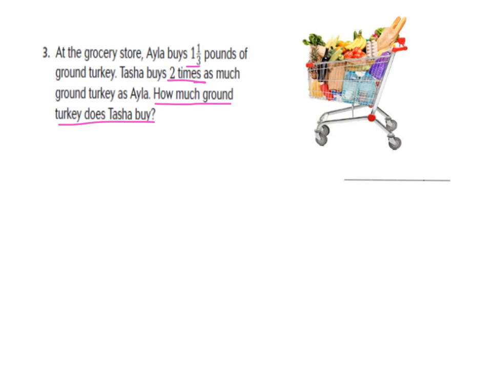Now we know that we're comparing two people. We're comparing how much Ayla buys to how much Tasha buys. So we're going to draw a comparison model. We know that we will have Ayla, and we're going to have one box to represent her, and we know that she buys 1 1/3 pounds of ground turkey.